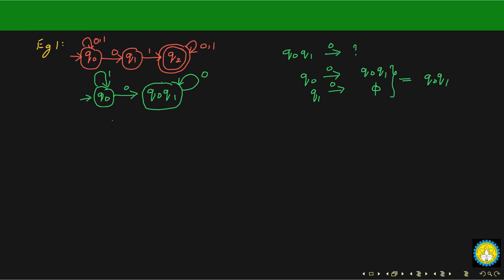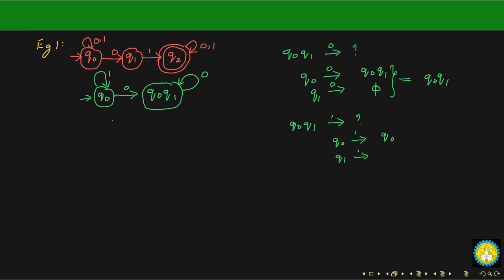Now the next thing that we want to find is Q0 Q1 on 1, right? To find that, you have to find Q0 on 1 and Q1 on 1. Q0 on 1 gives you Q0 itself, right? And what about Q1 on 1?